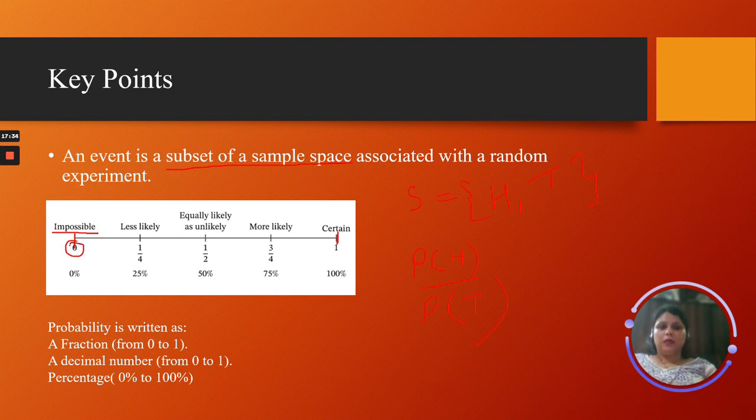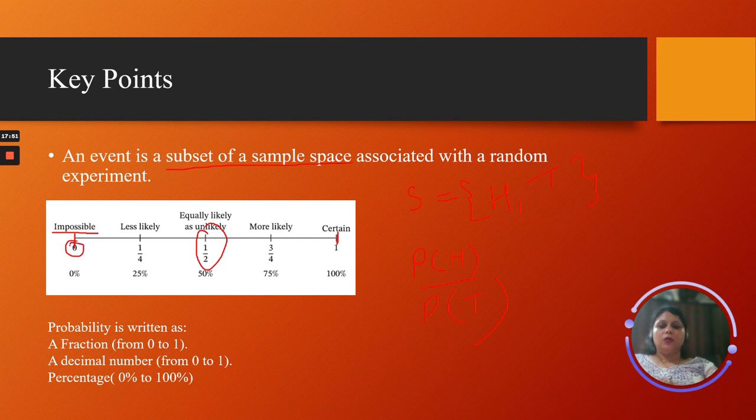Now talking about the value which is in the middle, in between 0 and 1 we have 1 over 2. So 1 over 2 means 50%. So here we have those kind of events which have 50-50 chances of occurrence, or 50% chances of occurrence, and they are known as equally likely events. That means they have equal chances of occurrence.